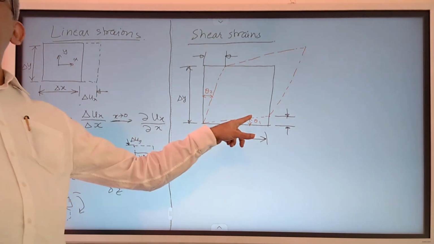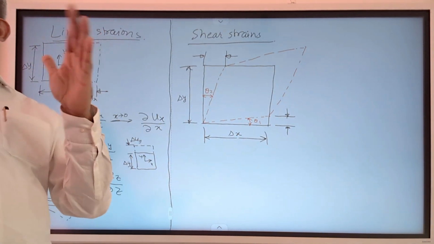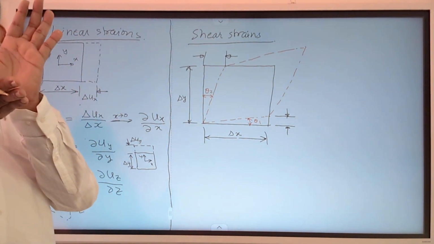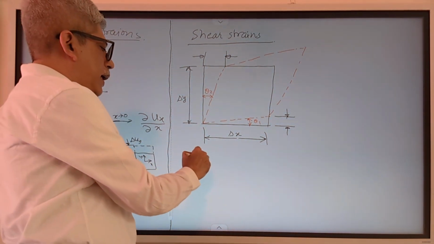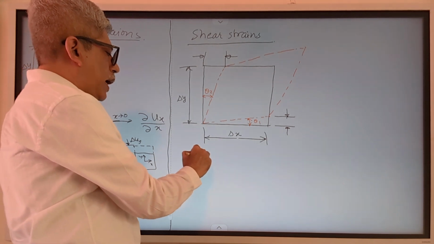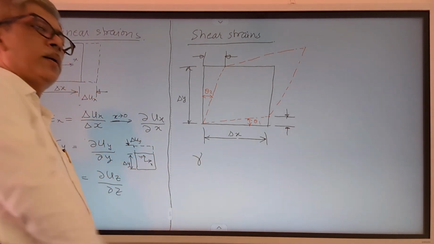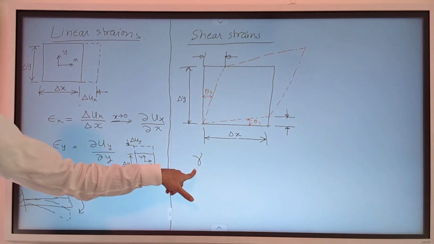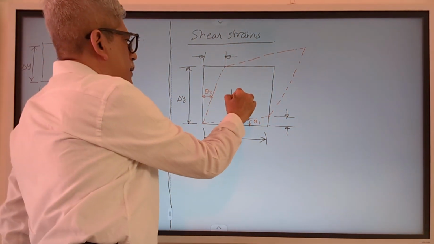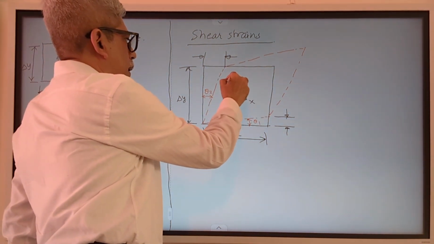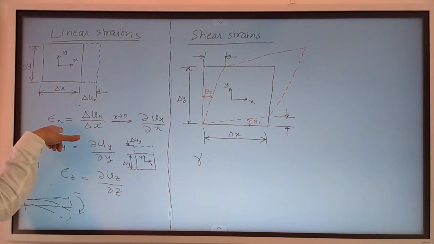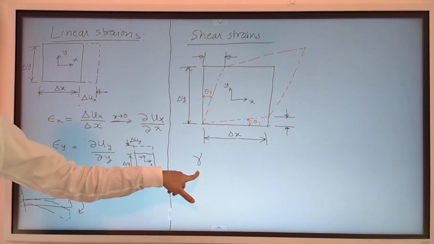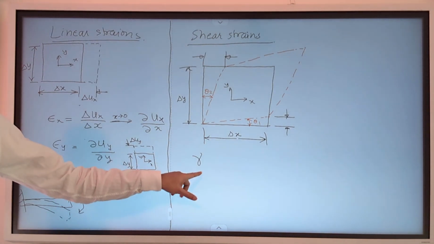And the shear strain is measured in terms of the change in angle from the original perpendicular shape to the final shape. So the shear strain is denoted by the symbol gamma. So let's call this X and this Y. Here the linear strains are denoted by epsilon, the shear strains are denoted by symbol gamma.